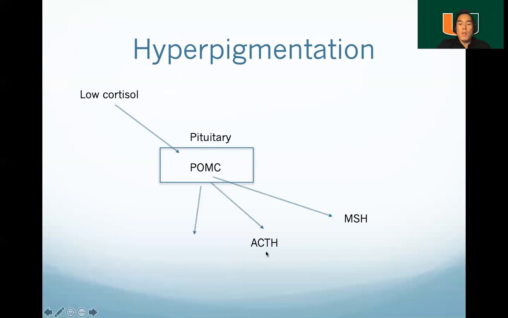So one of them is ACTH, and the other one is melanocyte stimulating hormone, MSH. And this is the one that stimulates the pigment in the skin, causing hyperpigmentation, right? POMC is also cleaved into other hormones. One of them is endorphin, right? We're not going to go into details, but I just wanted you to know why low cortisol positive feedback causes a stimulation of MSH secretion and causes hyperpigmentation, right?